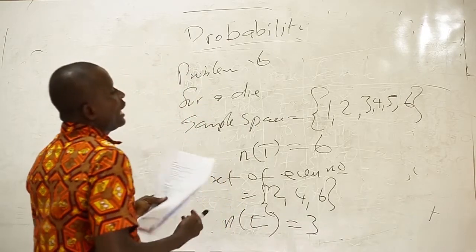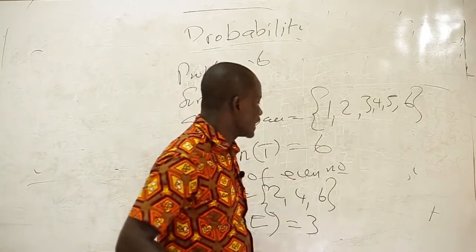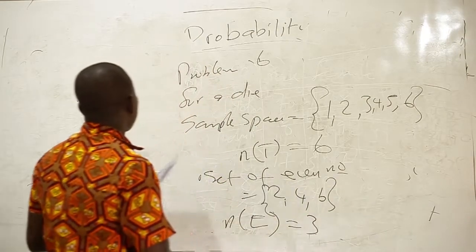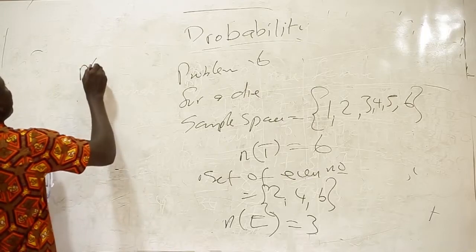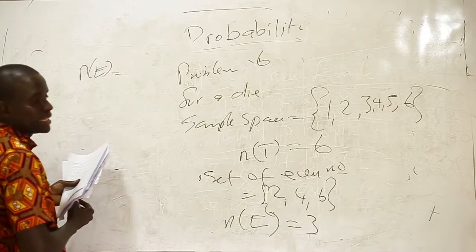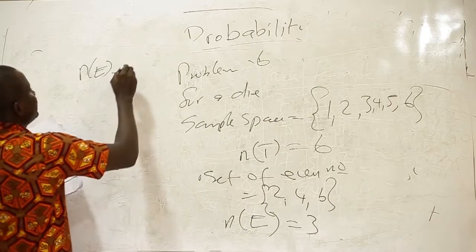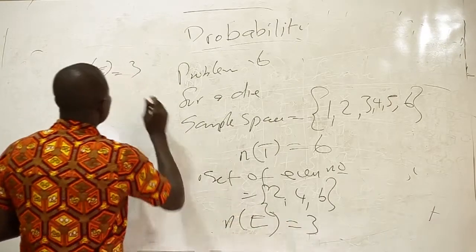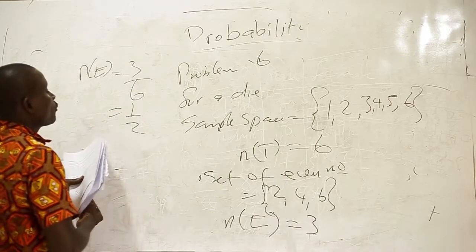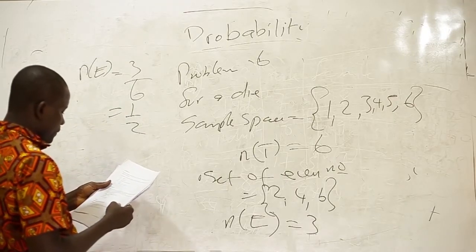I'm repeating. Number of even numbers within this, there are 3: 1, 2, 3. So P even numbers, or P event, is going to be the number of even numbers over the number total, and that will be 1 over 2. Is that okay?